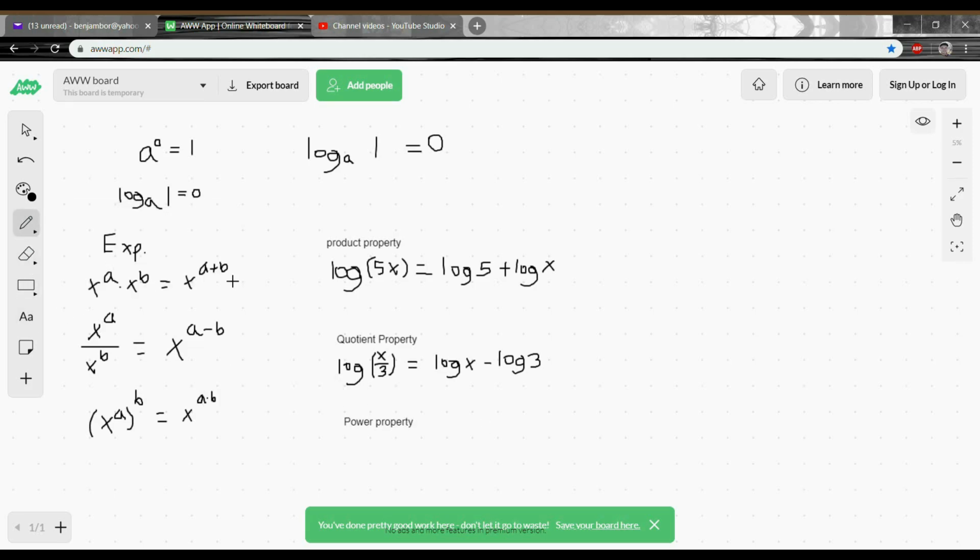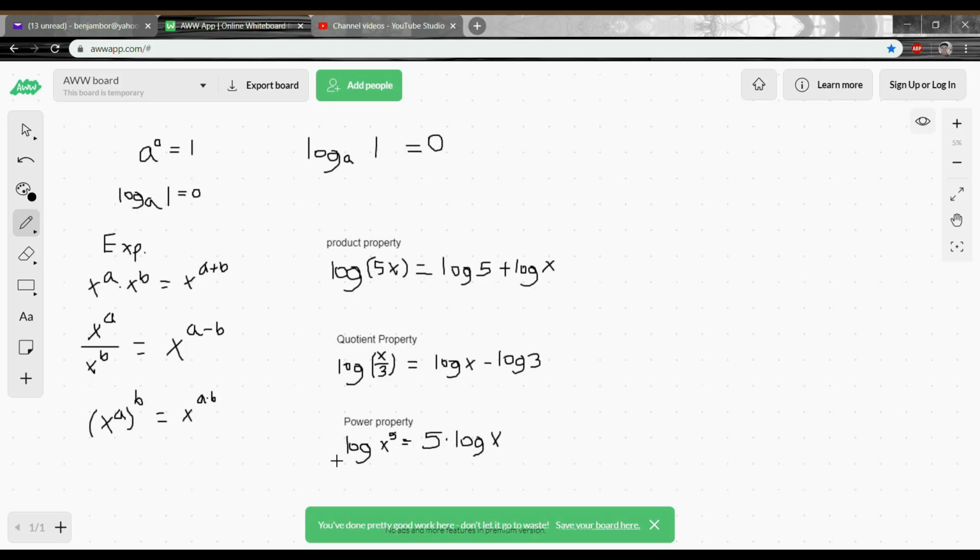The power property states that when you have the logarithm of a factor, so let's say factor x, raised to a power, let's say 5, that can be rewritten as that power multiplied by the logarithm of the factor x. So what we've done is we've taken that power and we've put it in front of the logarithm.